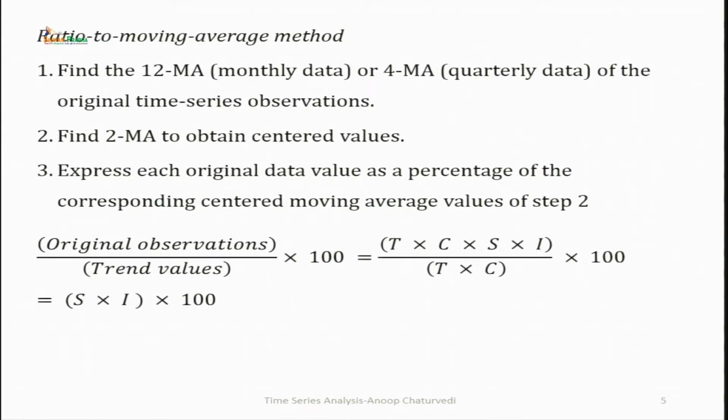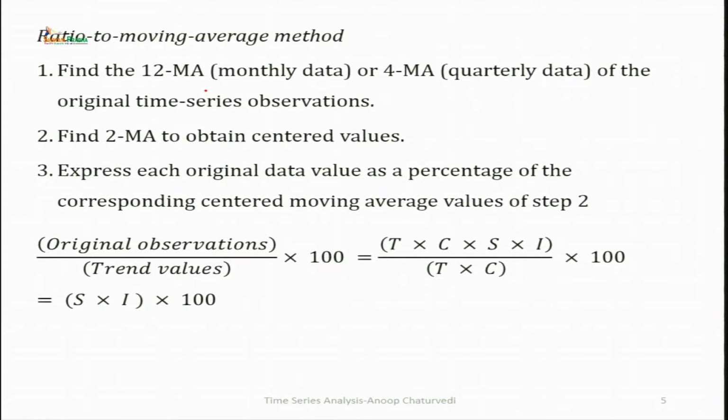The second method is the ratio to moving average method. Basically, we assume that the model is a multiplicative model. So, first we obtain a 12 MA. Suppose you have monthly data, then you obtain a 12 MA, meaning a moving average of period 12, or if you have quarterly data, then you obtain a 4 MA, meaning a moving average of period 4, of the original time series observations.